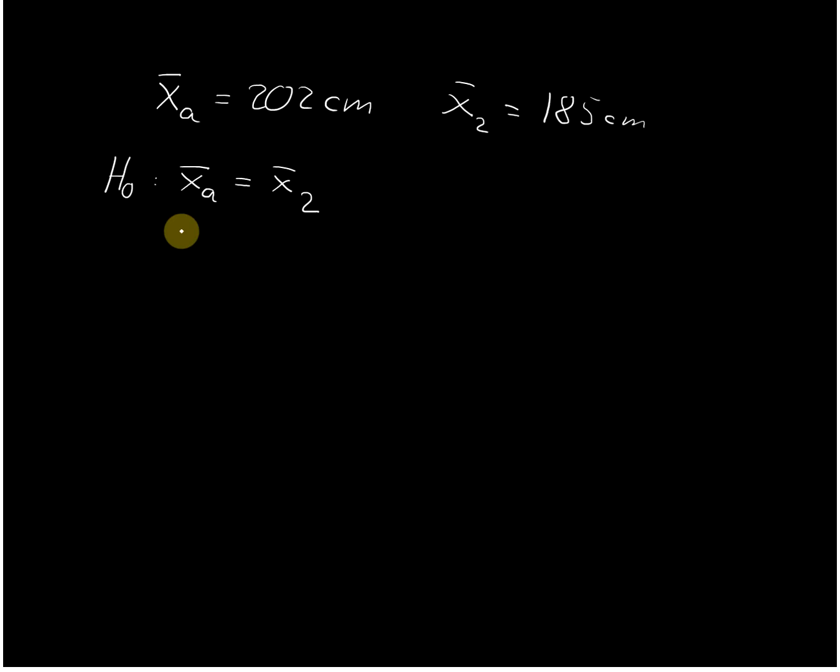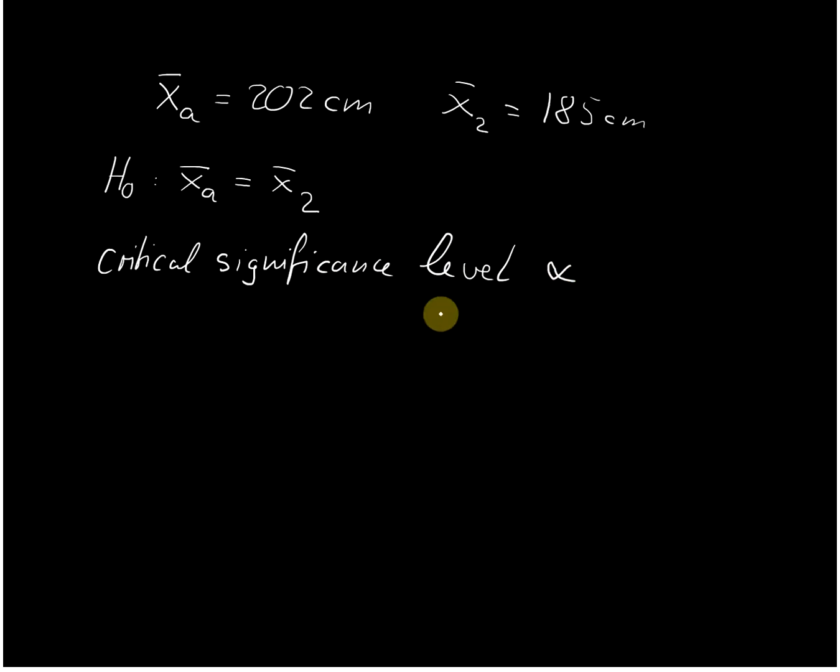We want to make sure that we make the right decision, that we say yes, they are the same, or no, they are not the same. And this level of certainty that we want to have is called the critical significance level.